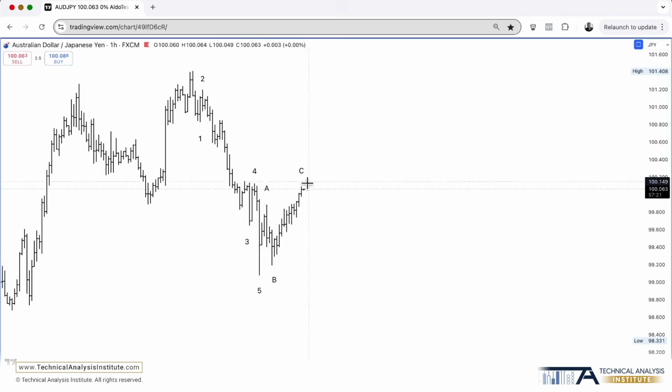So that means that C is probably in place. That means that we already have 5 waves down and a 3 wave up, meaning that perhaps we could consider a short position, not a long position. And this already puts us in a much better situation, because we know what to expect here.